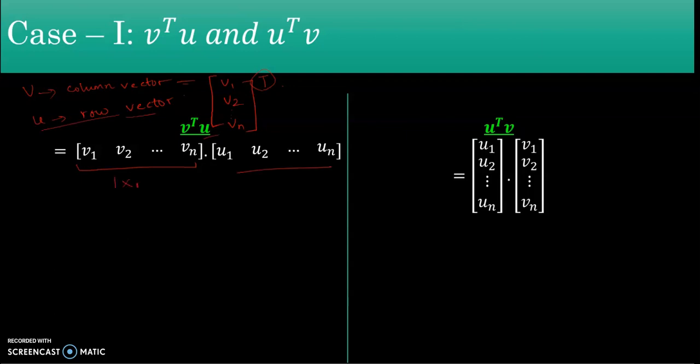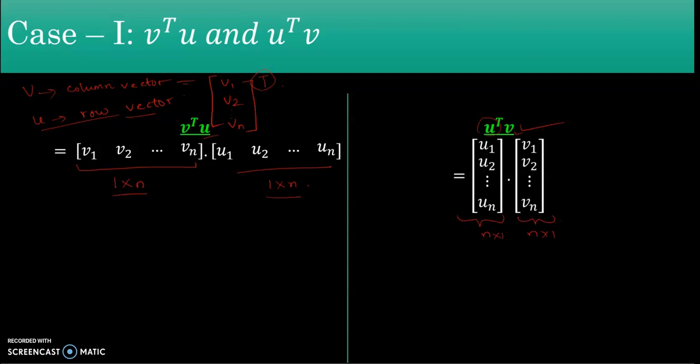Both have the same size, 1 cross n and 1 cross n. Similar is obtained here also. u is our row vector, its transpose will represent it in column fashion, and v is our column vector. Both have n cross 1 and n cross 1 size.